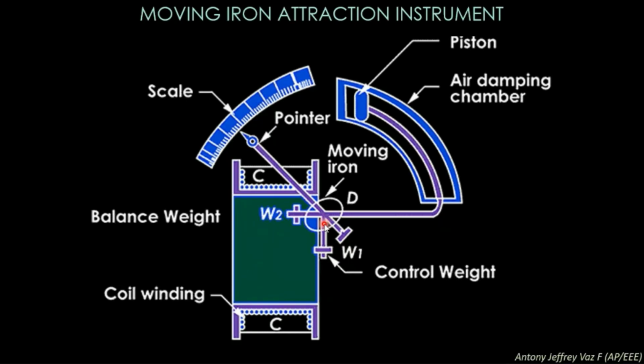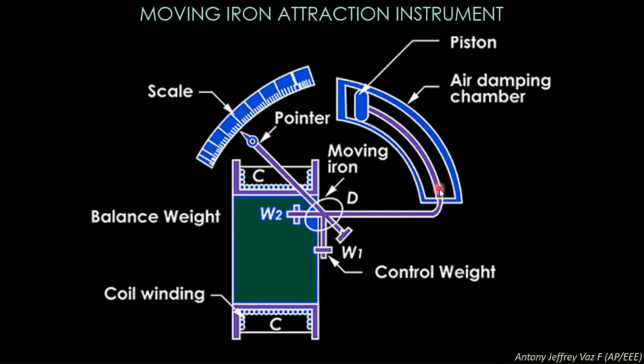Next you can see this is the air damping chamber. This air damping chamber is similar to a medical injection. Inside the cylinder there will be a piston. You cannot move the piston at a very fast rate.